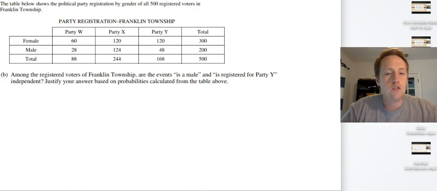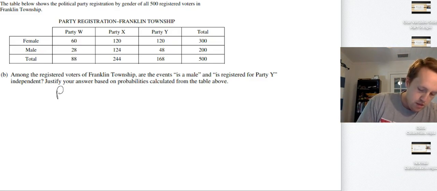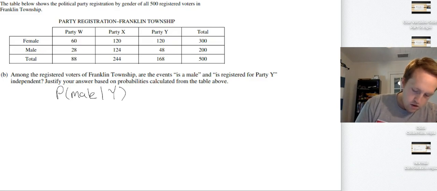Among registered voters of Franklin Township, are the events is a male and is registered for party Y independent? So I'm going to go with this. I'm going to say the probability of male given party Y, and then we'll find the probability of a male.